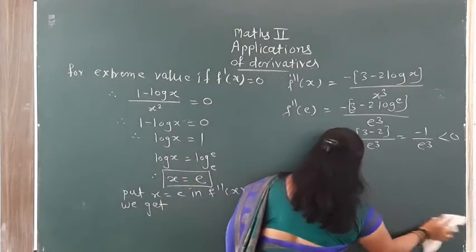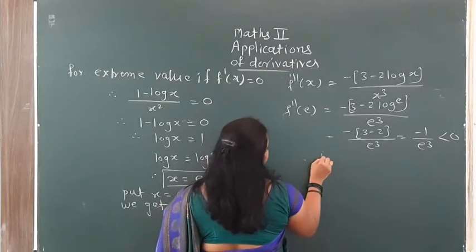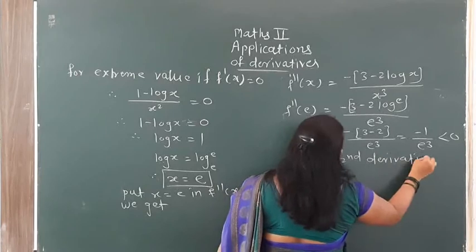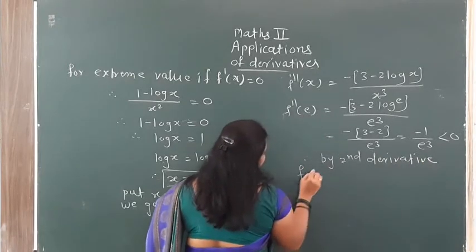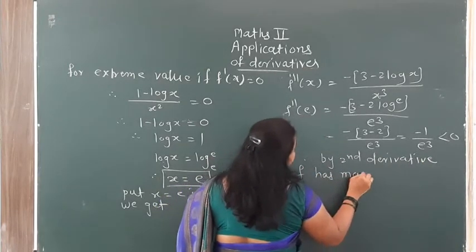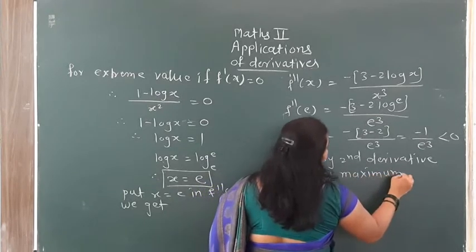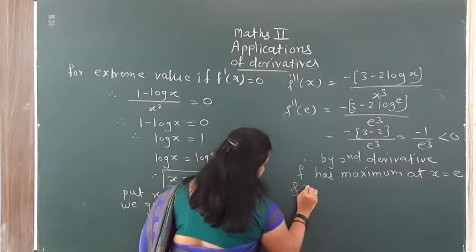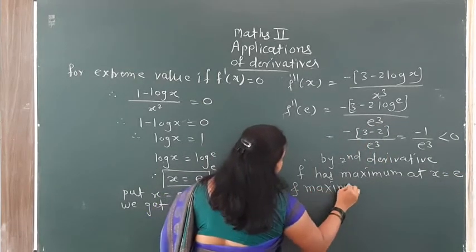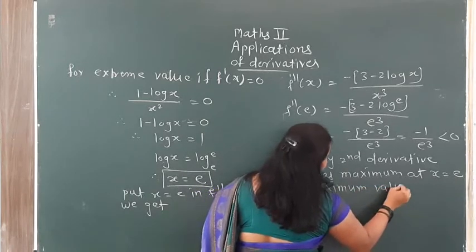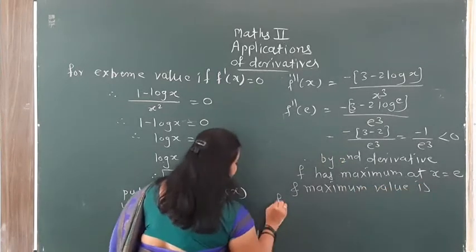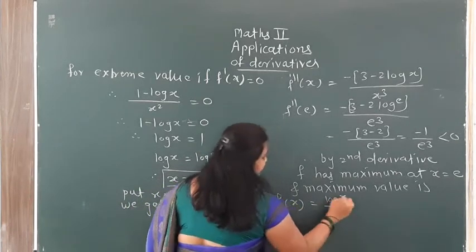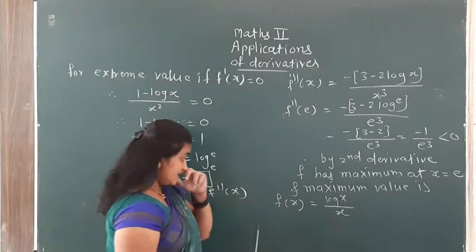Therefore, by the second derivative test, f has a maximum at x equal to e, and the maximum value is, since f of x is equal to log x divided by x, we put x equal to e.